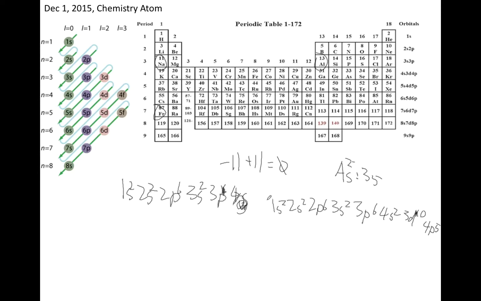Humans have invented another shorter-handed way, which is, in my opinion, so much more convenient. Doing an electron configuration for francium will probably cause you to go all the way over here.